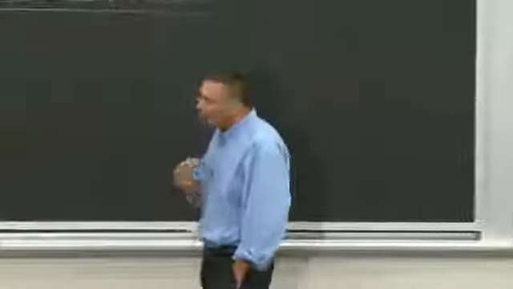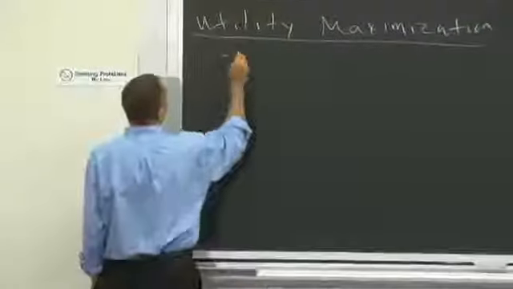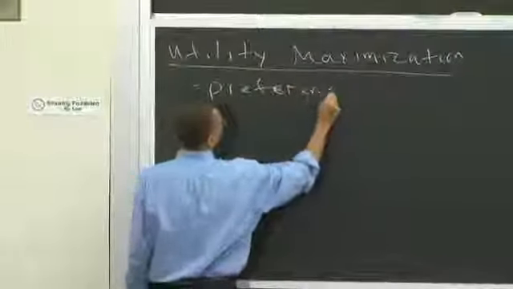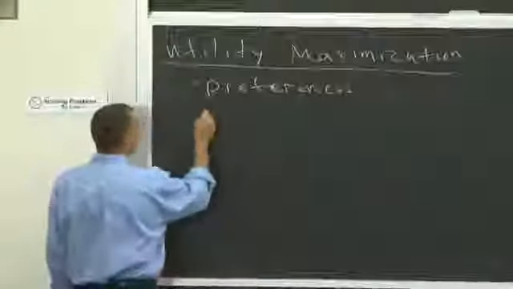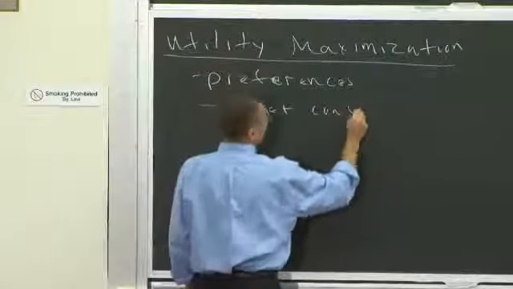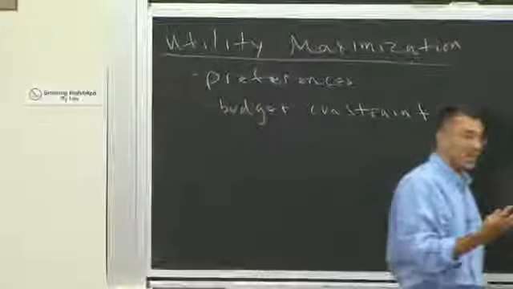Basically, an overview is we posit some type of preferences, consumer preferences, what consumers would like. We posit some budget constraint, what resources consumers have to get what they'd like.